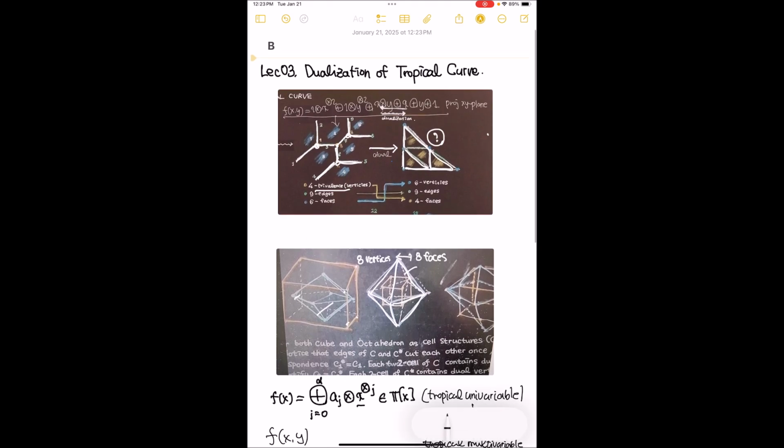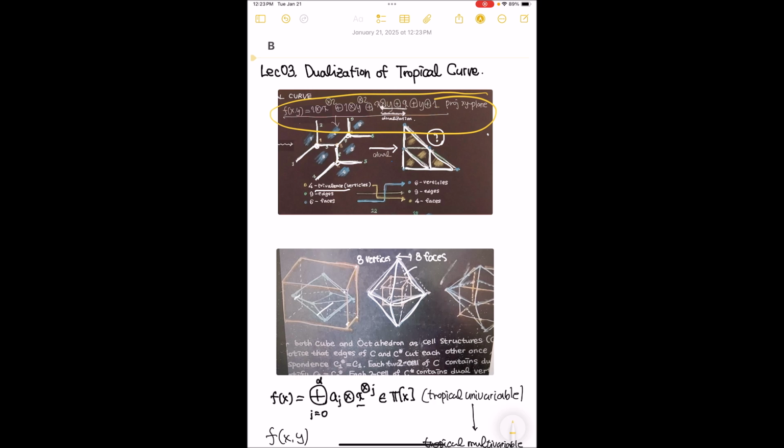But we can express what is a tropical multivariable. Something like this, f(x, y) and f(x, y, z). Of course we can express some like this.